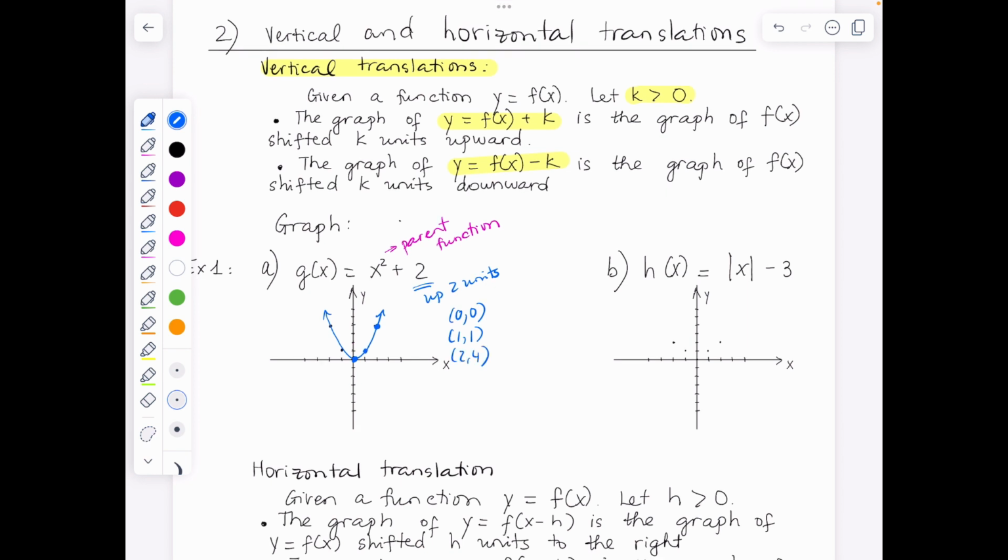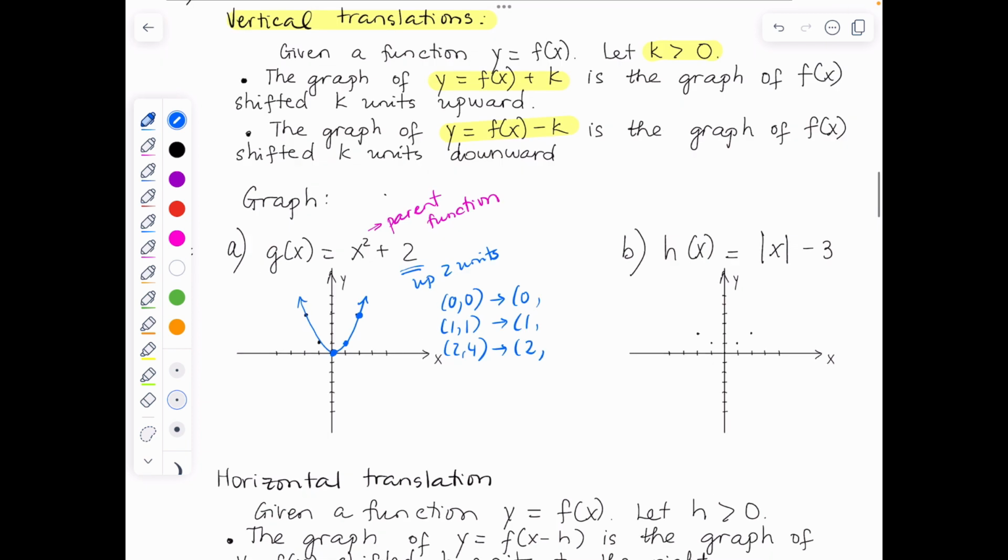To transform to new points, we are going to keep the variable x the same, and all you have to do is add 2 to the y coordinates. So keep all the x's the same and add 2 to all the y coordinates. So we have 2, 1 plus 2 is 3, and 4 plus 2 is 6.